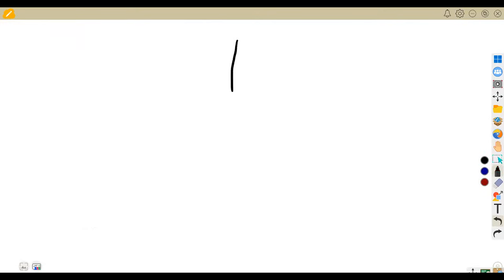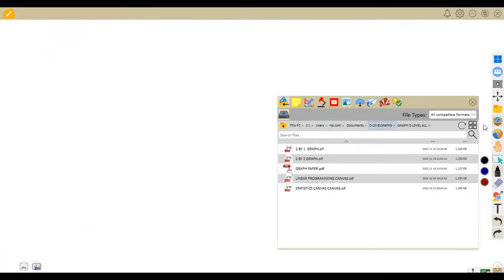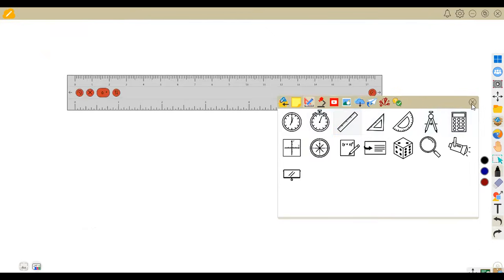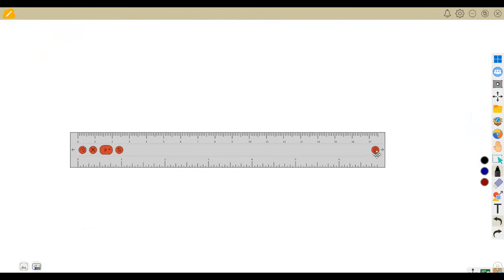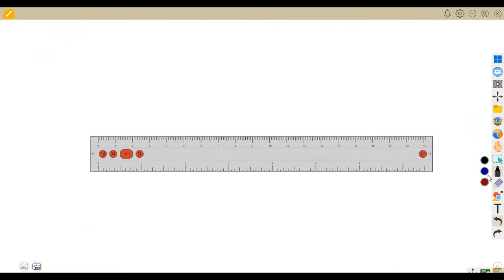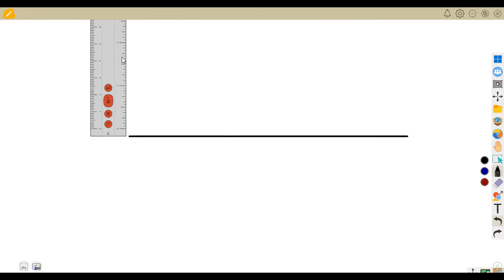Let me try to have a sketch which is just a little bit proper. Let me have my ruler. I was supposed to have this graph, but because I removed this information, now I can't see it. Anyway, this is just a sketch again. We just want a sketch here.